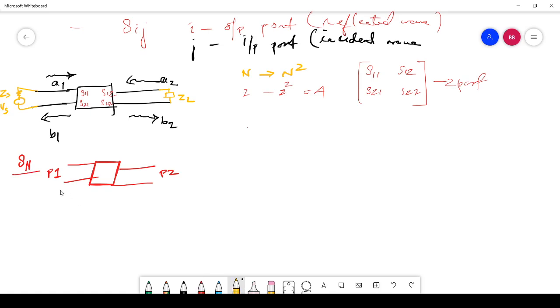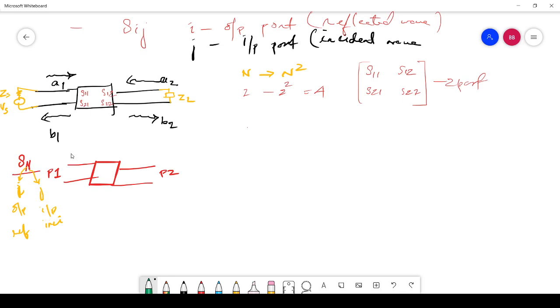So I is my output and J is my input. If I say S11, the incident wave is at port 1 and the reflected wave is also at port 1.